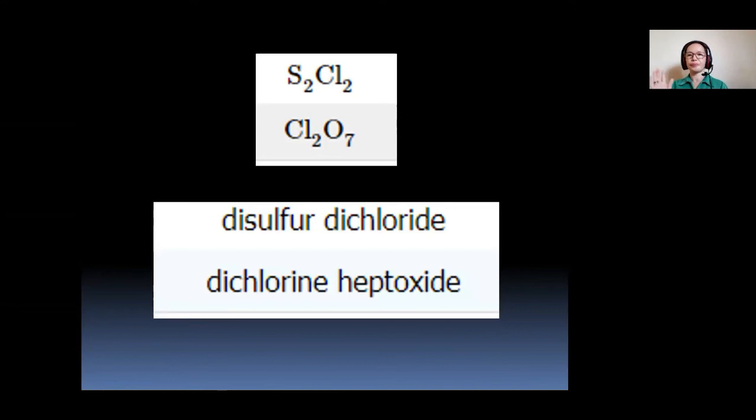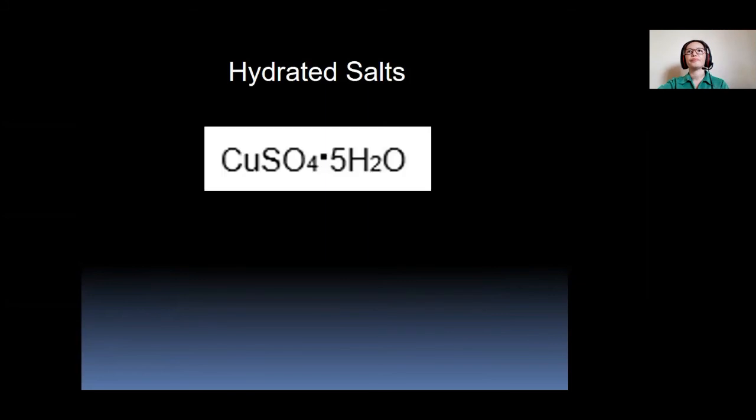So again, for binary molecular compounds, Greek prefixes are used. Name the first element, complete name, followed by the second element with the IDE, and the subscripts are denoted by Greek prefixes.